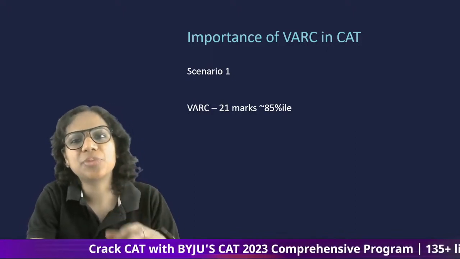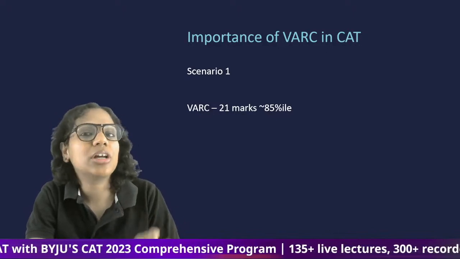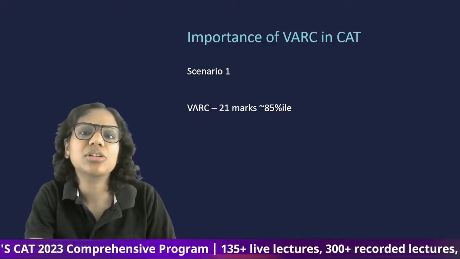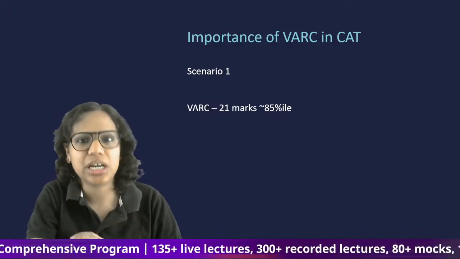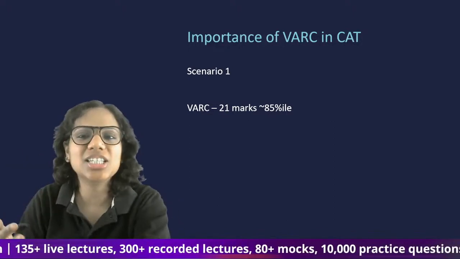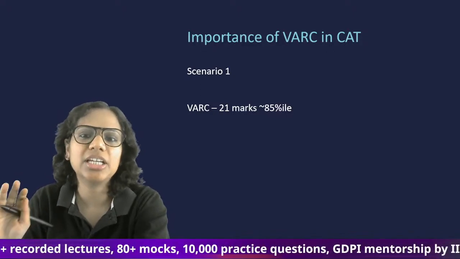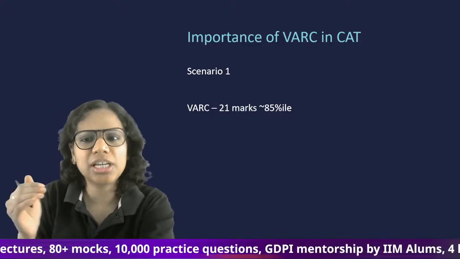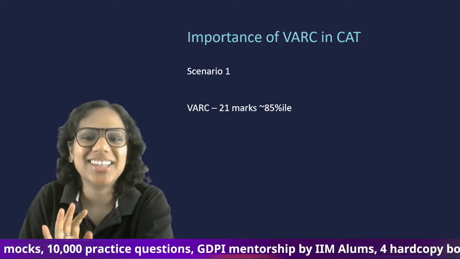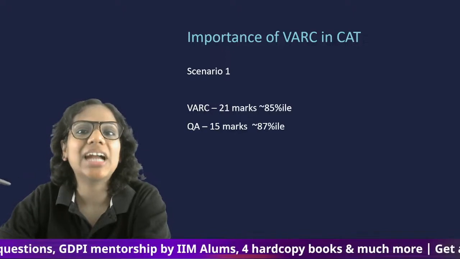I'm keeping 85 percentile as the starting point because some IIMs, for instance IIM Lucknow last year, required a sectional cutoff of 85 percentile in VARC. So let's assume you are at 21 marks out of 72, you are getting approximately an 85 percentile. It will come slightly above that, not below. I'm going by CAT 22 here.